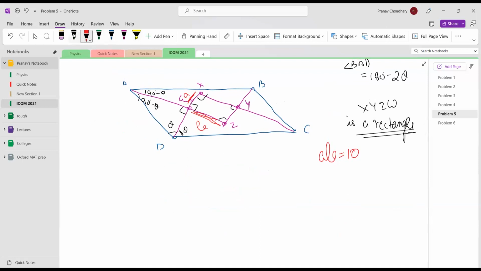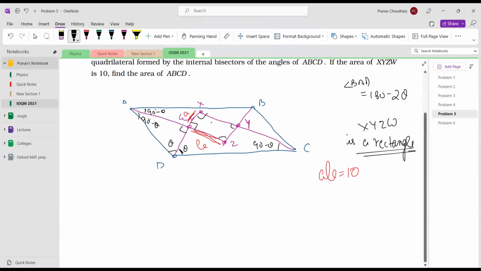Once you write these angles, theta, theta, 90 minus theta, a common theme is similarity, like everyone knows.